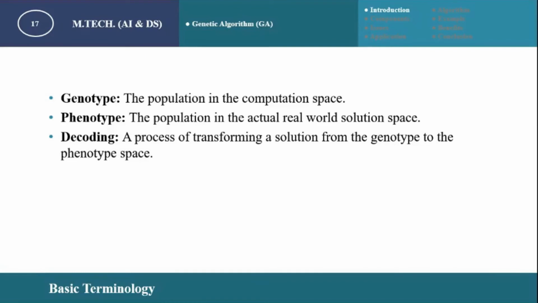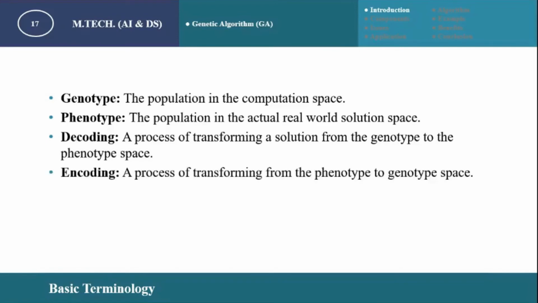In the genotype, this solution is encoded as 1, 2, 3, etc. The process of converting phenotype to genotype is known as encoding, and the reverse, converting genotype into phenotype, is known as decoding.